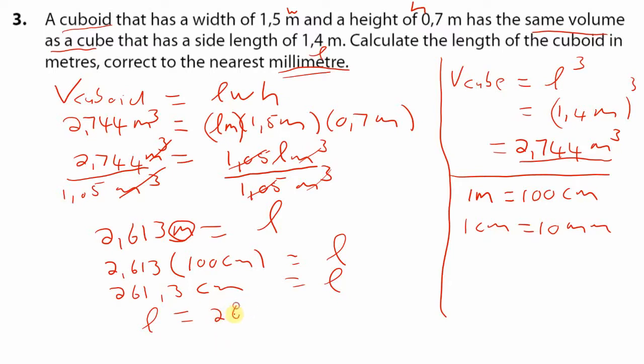So we have 261,3 in the place of centimeter, 10 millimeter. So we multiply by 10, so we have to jump the comma once to the right, so it becomes 2613 millimeter. So this is to the nearest millimeter. So that's the length of our missing side of the cuboid.